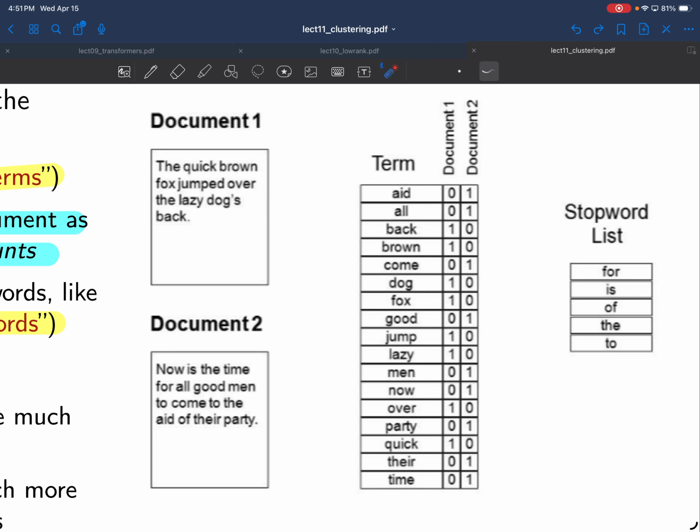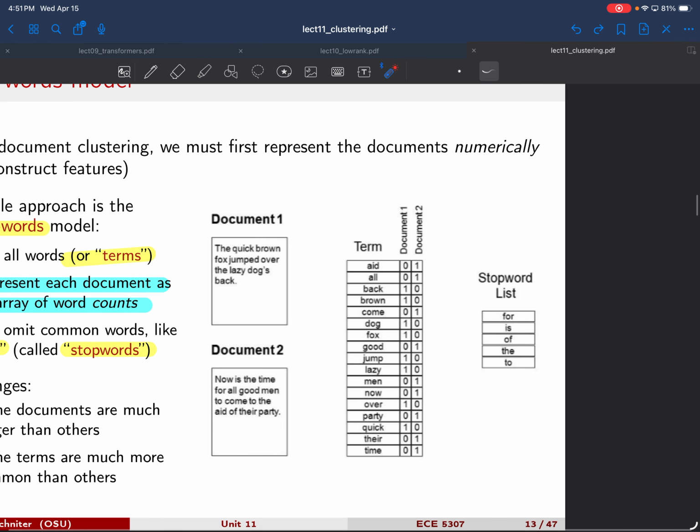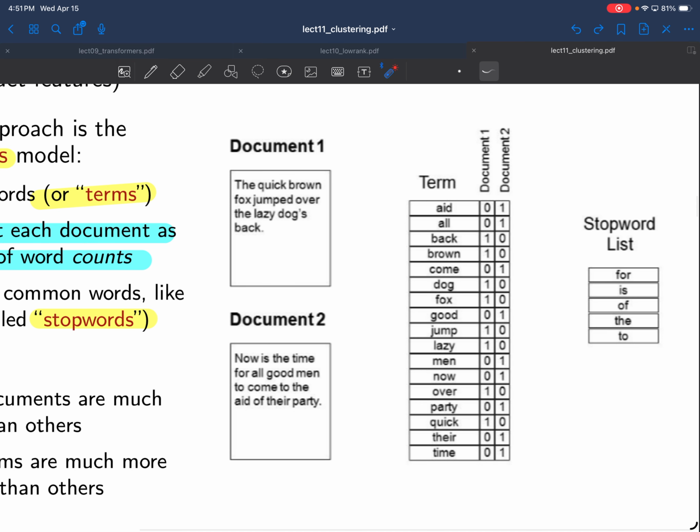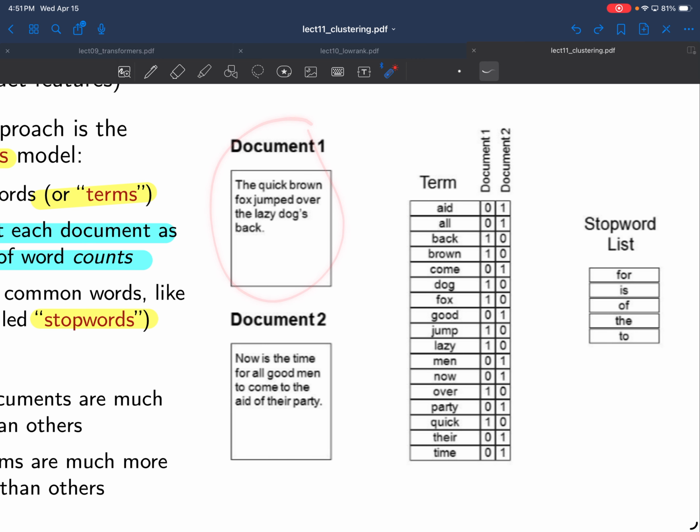Okay, so what have we lost when we code our documents this way? We've reduced each document just to a count of words in the document. Order. Yeah, we've lost order. We've lost a lot of information, right?